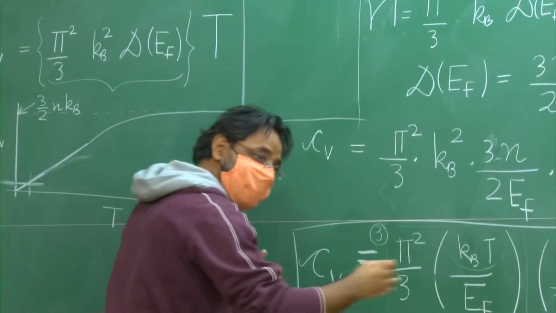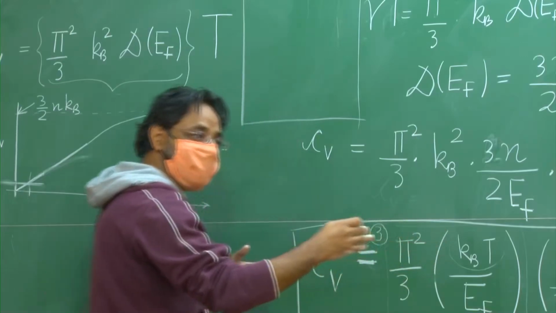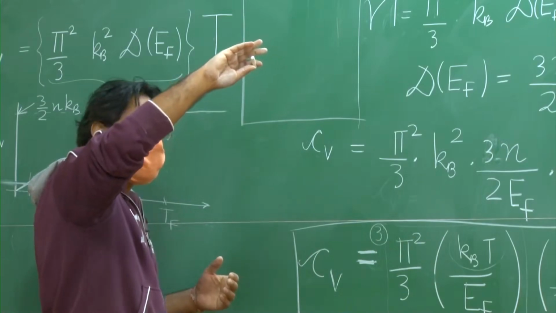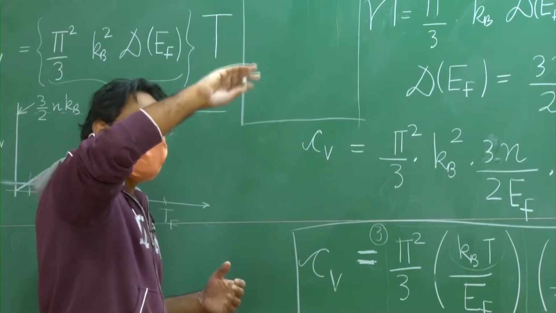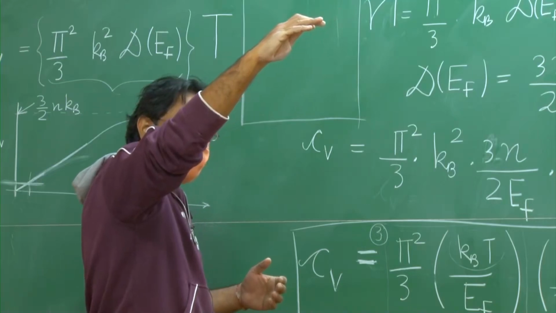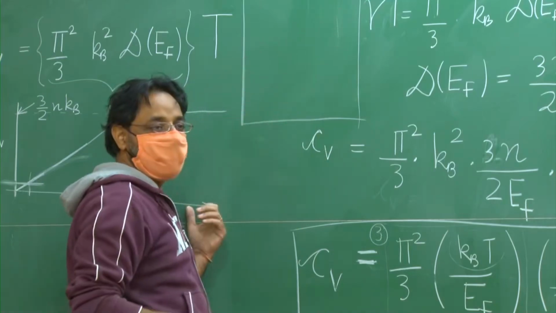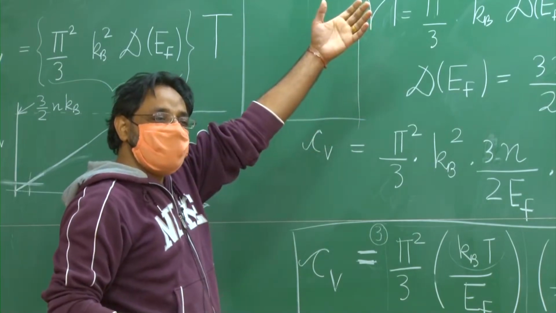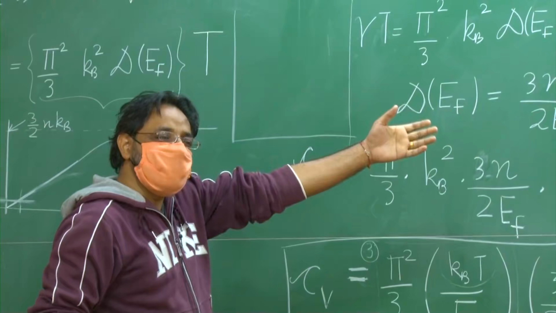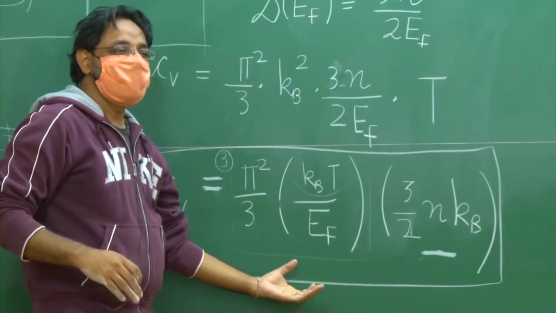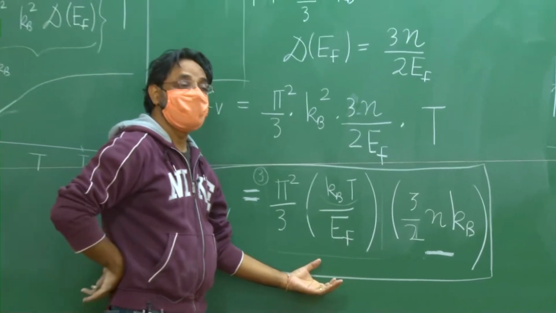When you go on increasing the temperature, the lattice term will start increasing faster than T cube and then eventually saturate at a value 3 kb. But the electronic specific heat will continue to grow linearly with temperature. But this growth rate is so small, this prefactor is so small, that you do not really see it unless you go down to very low temperatures.